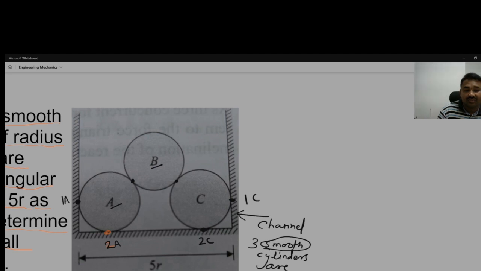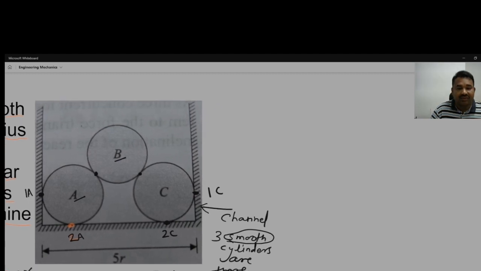So now to draw the FBD of this system, what we have to do?